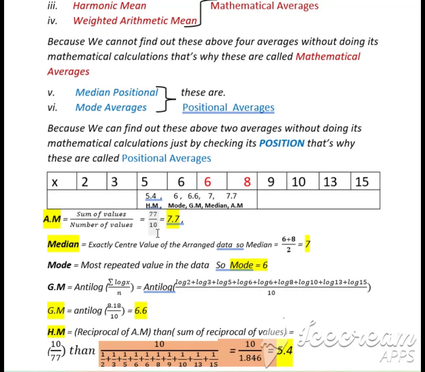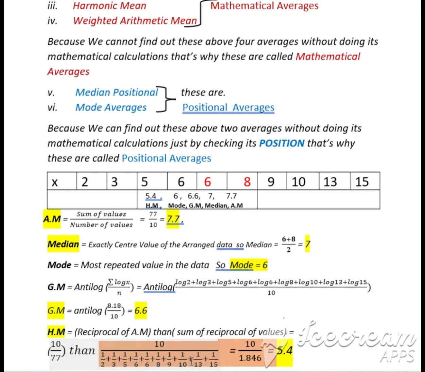Just take the reciprocal of this, which becomes 10 by 77. Then sum the reciprocal of each value. For 2, the reciprocal is 1 over 2. For 3, the reciprocal is 1 over 3. For 5, the reciprocal is 1 over 5, and so on.